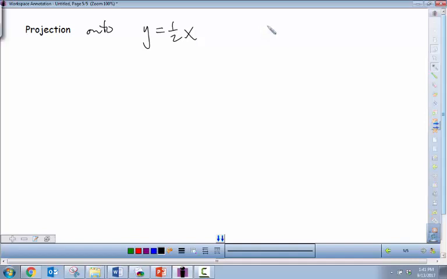So what are we doing to our basis vectors? We have our vector 1, 0, and our vector 0, 1. And we want to collapse it onto this line y equals 1/2 x. So that means this vector now has to get collapsed and projected onto this line.